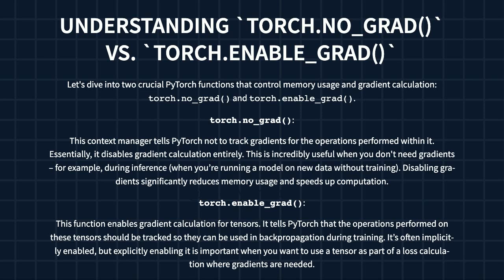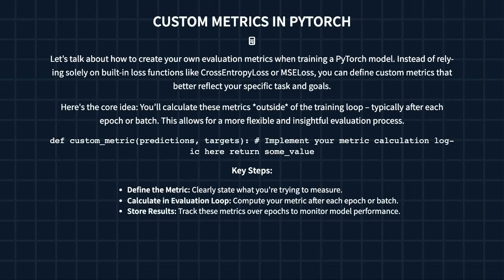That's the key difference. Okay, let's dive into how you can create custom evaluation metrics in PyTorch. It's really useful when the standard loss functions don't quite capture what you want to optimize. Essentially, you calculate these metrics after each epoch or even after each batch, meaning they aren't automatically integrated into your training loop like a typical loss function.